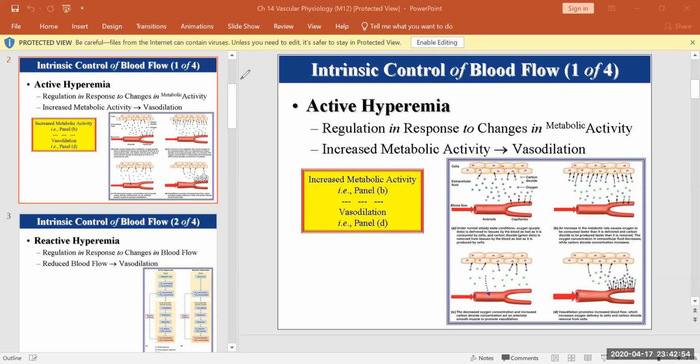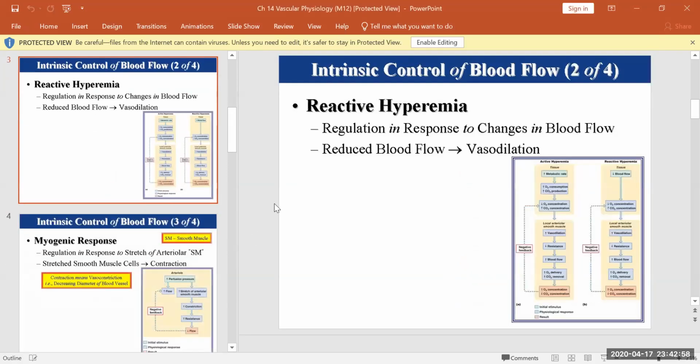Moving on to mechanism number 2. Now this mechanism is called reactive hyperemia instead of active. In this case here, the cause is not about metabolic activity.